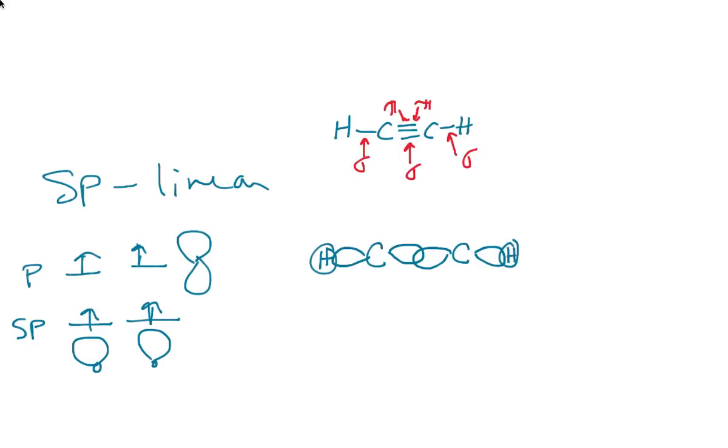Then we have the p orbitals, in orthogonal or 90 degree apart directions. So just like the double bond, we'll have an overlap of p orbitals side to side in one axis, and then we'll have an overlap of p orbitals that's coming out towards us and going back away.